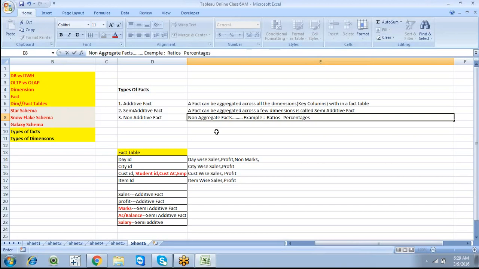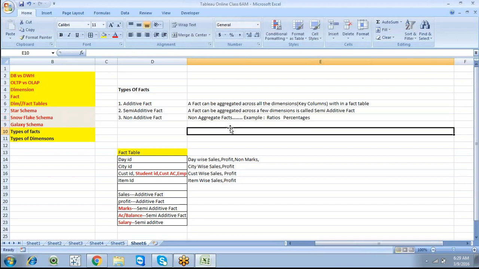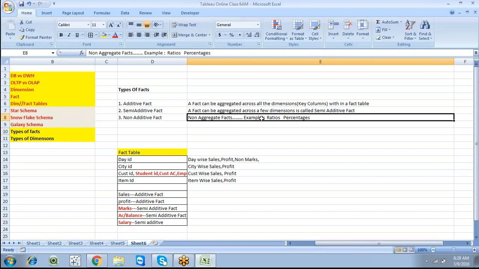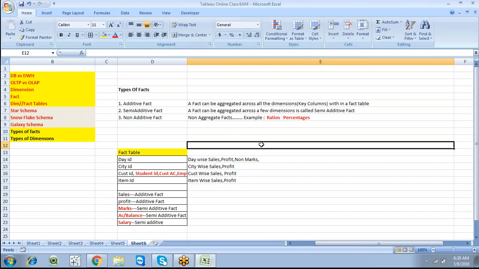You can easily differentiate them from the other facts, because a non-aggregate fact is a fact that is not going to aggregate across any dimensions. If you are performing any ratios or percentage calculation, we get a non-aggregate fact. That particular fact is called a non-aggregate fact.